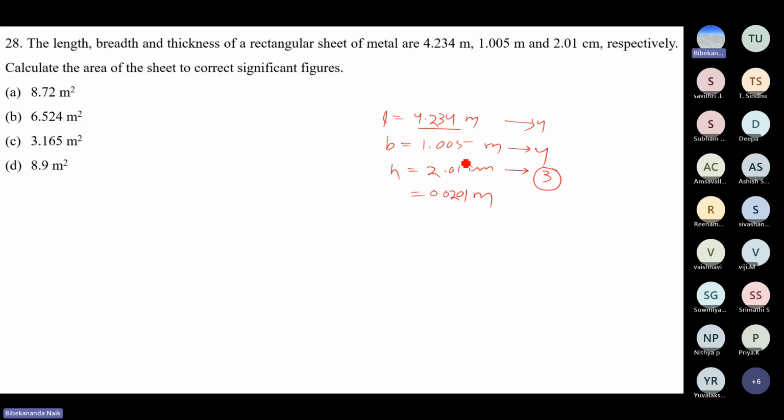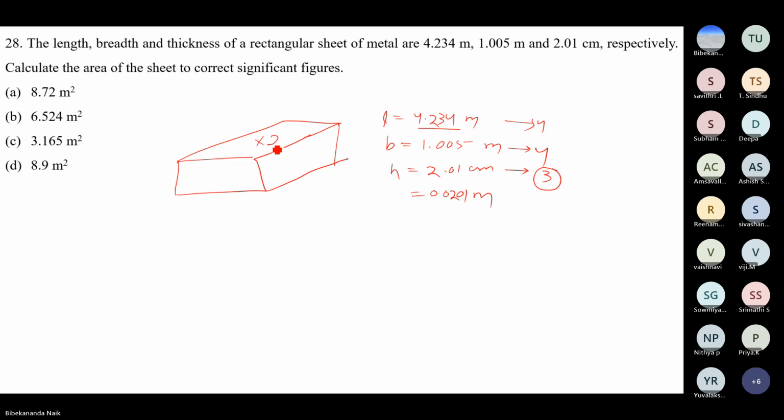So when you are calculating, suppose this is a rectangular sheet, not a cube. So it has 6 surfaces.